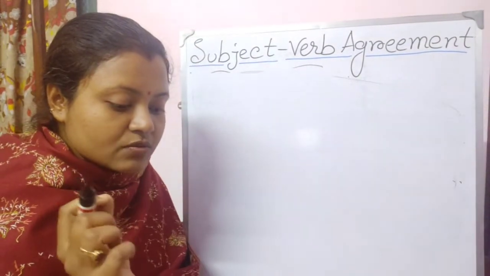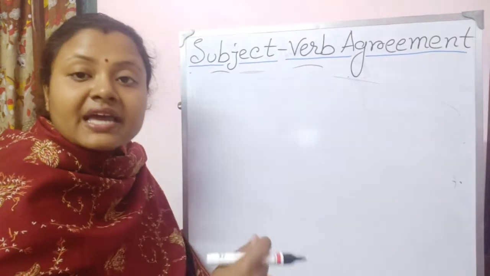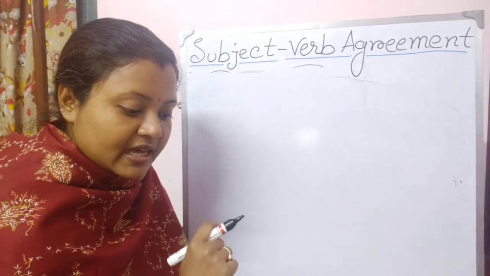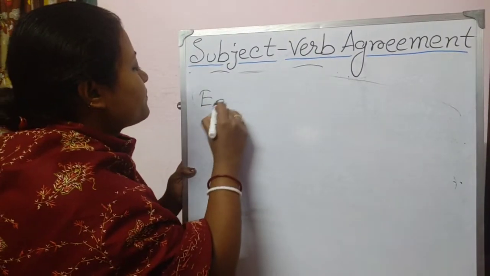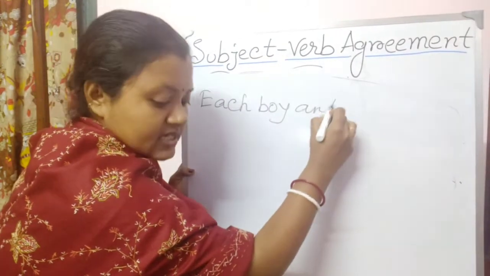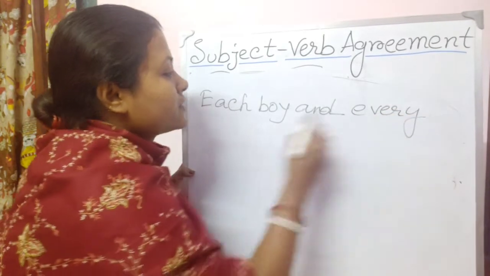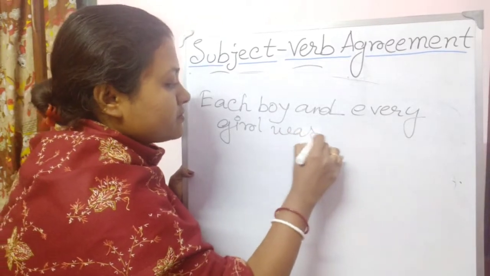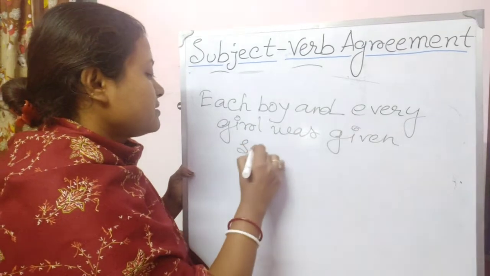Two singular nouns joined by and preceded by each or every will take a singular verb. For example, each boy and every girl was given sweets.